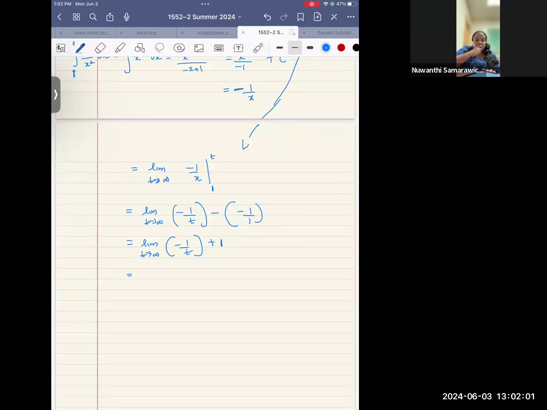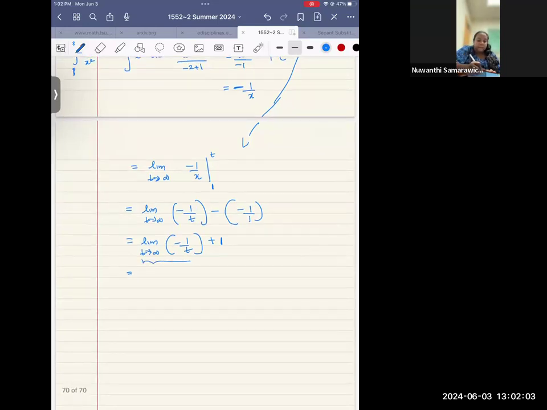What is this whole thing? When t goes to infinity, what is the limit of this part, 1 over t? 0, yes. Whenever you get 1 over infinity, this is always 0.